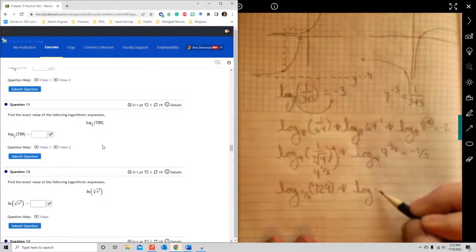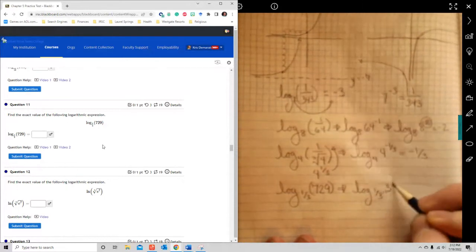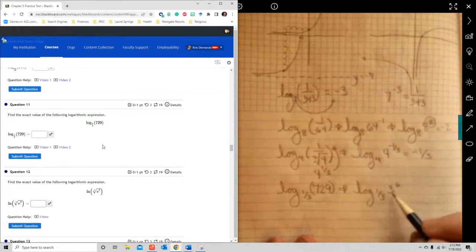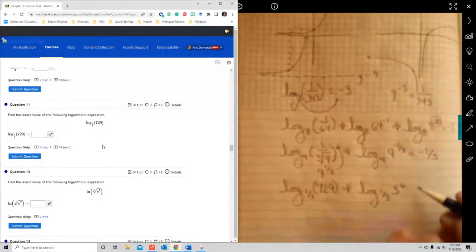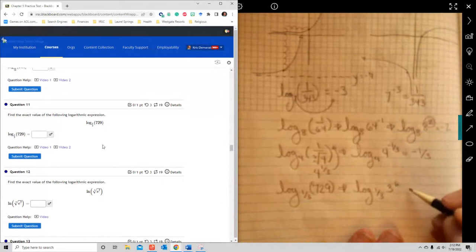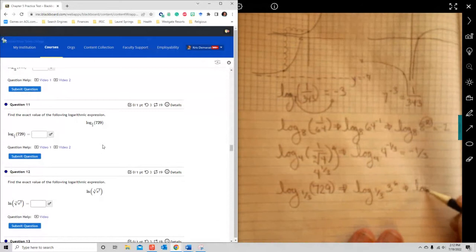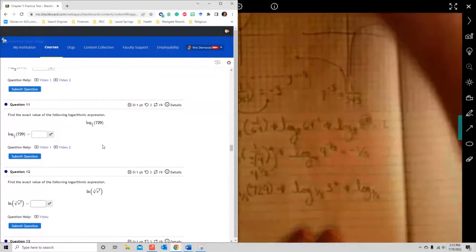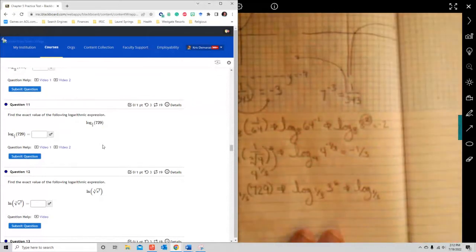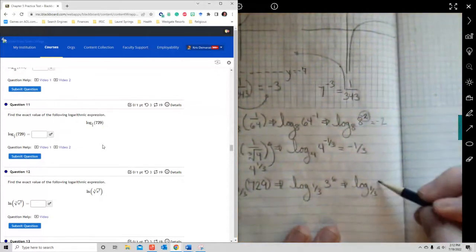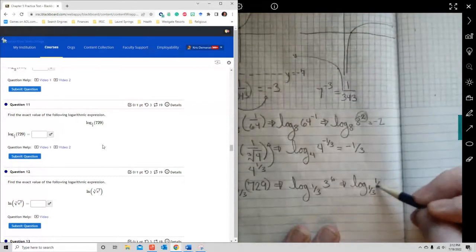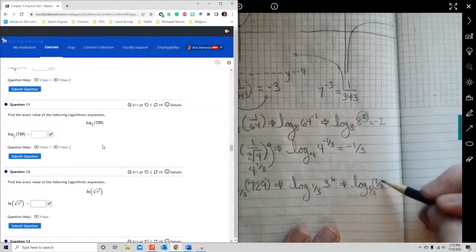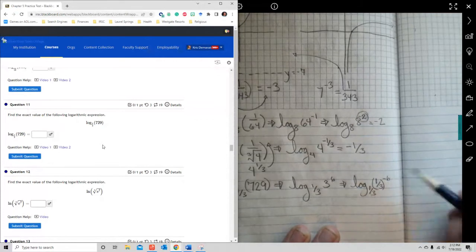Watch. So we have 3 to the 6th power. I want to get this to be 1/3 or a fraction thereof. So what I can do is reciprocate this and make that a -6. So we take 3 over 1 and reciprocate it to make it 1/3, and when we do that, the 6 becomes a negative.